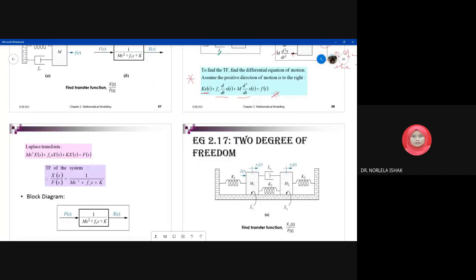Use Laplace. Yes, use Laplace transform.